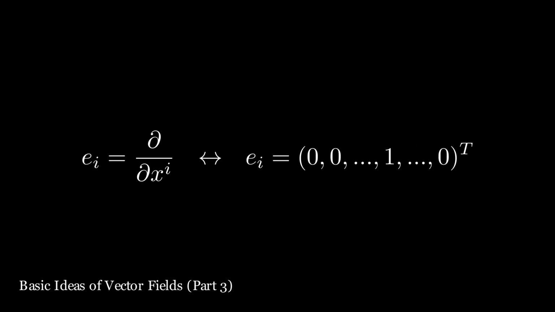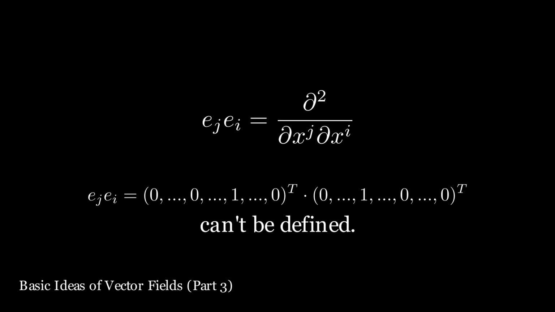This corresponds to the standard basis vector, e_i, in Euclidean space, which has 1 in the component with index i and 0 elsewhere. Here, T means transpose. However, this is only an isomorphism as vector spaces; addition and scalar multiplication correspond nicely, but their behavior under multiplication does not match.